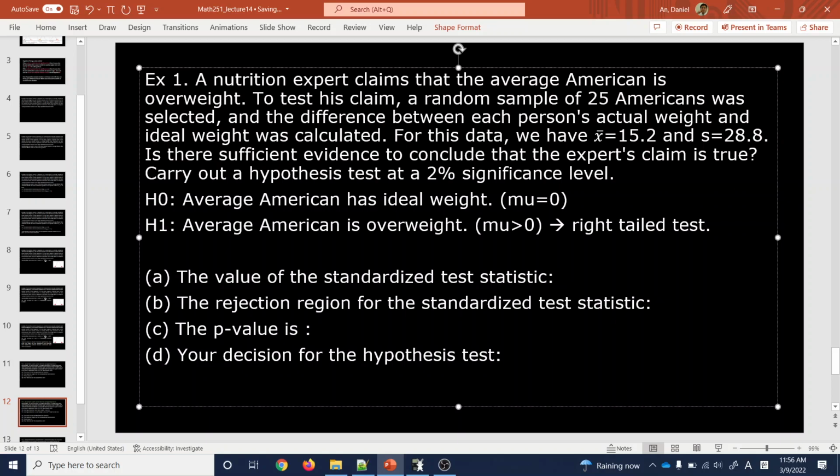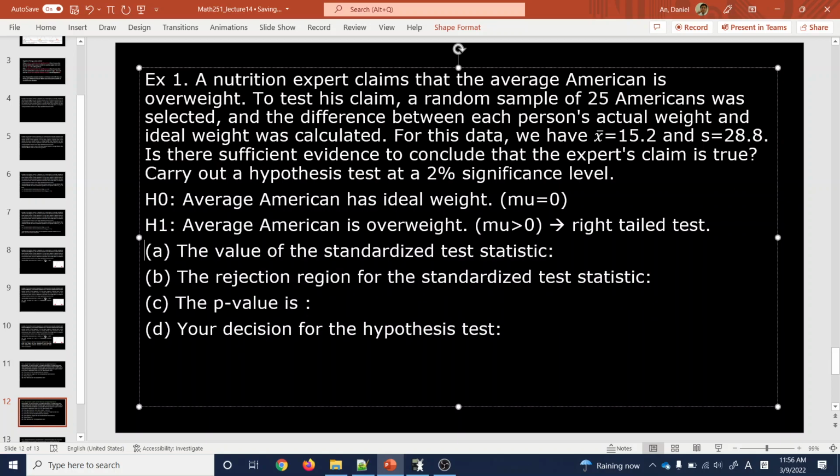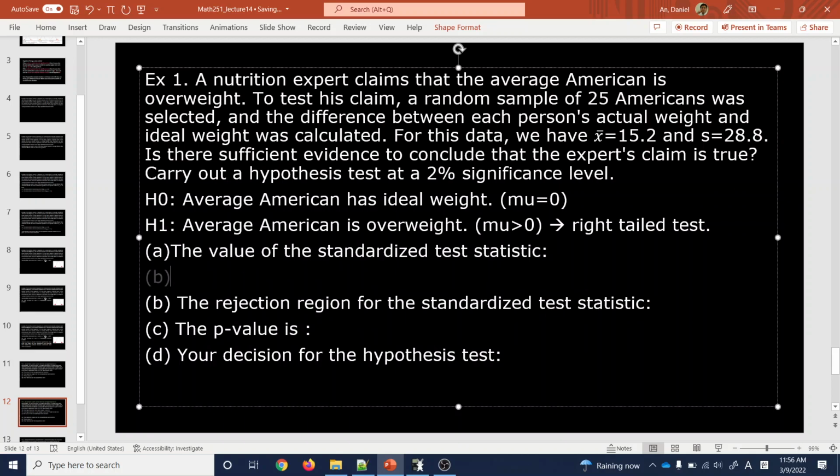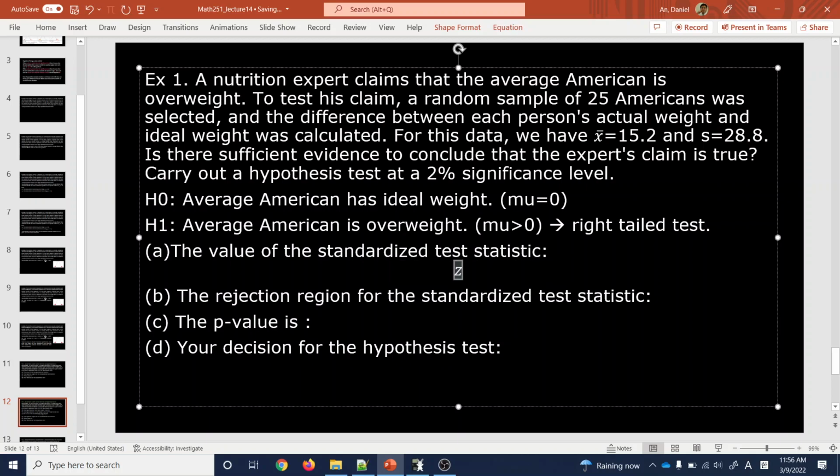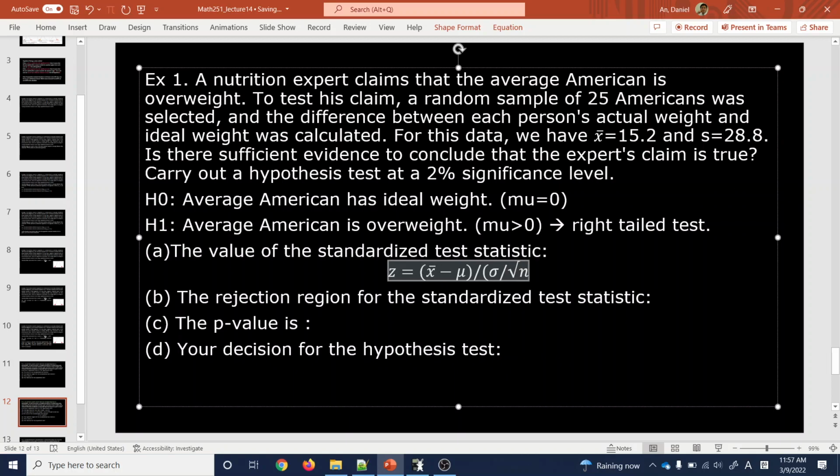Now let's calculate these things. First, the value of the standardized test statistic. That's the z-score, right? The z-score is the difference between x bar and mu, divided by sigma divided by the square root of n.